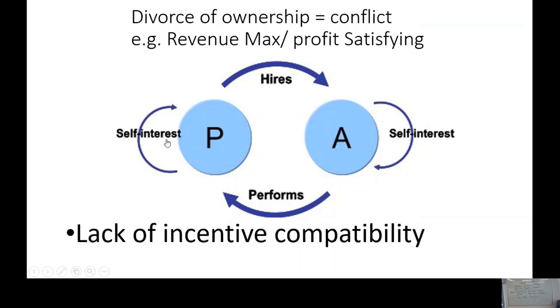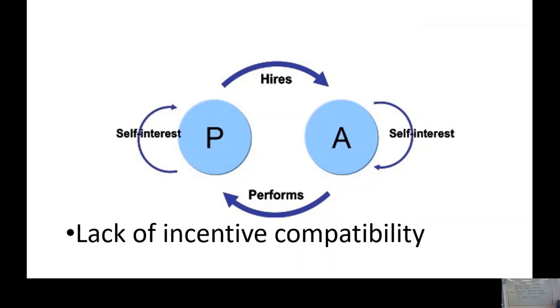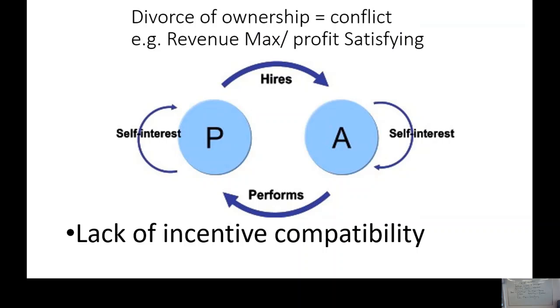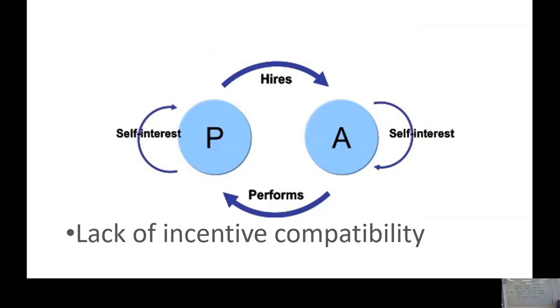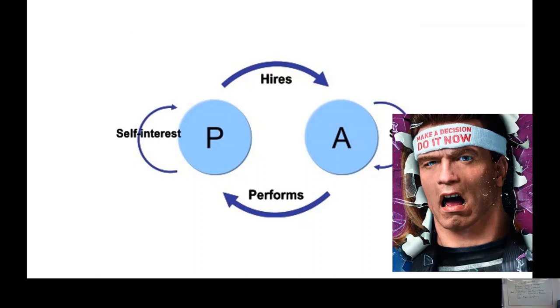In terms of divorce of ownership, another example here would be the PPI scandal. If you remember this advert on TV, Arnie trying to get people to have PPI claims.